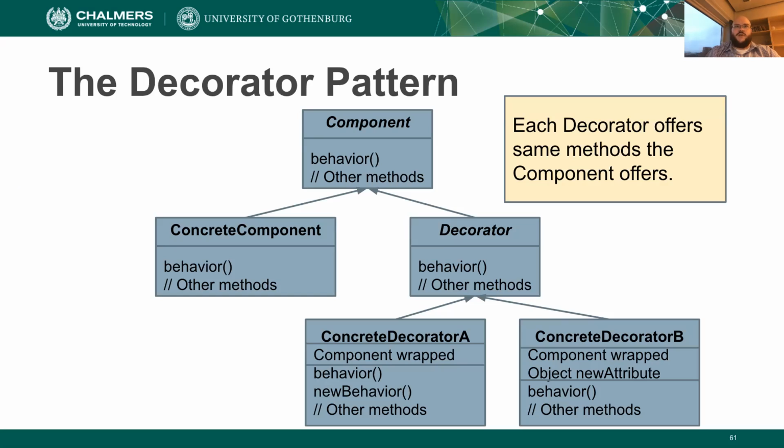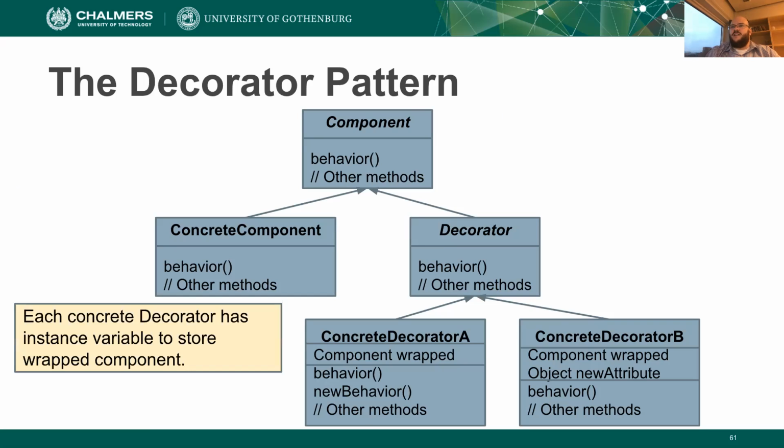Since it inherits from a component, all decorators offer the methods that components do in addition to anything they add. Decorators contain an instance variable to store the object being decorated. And that's how we keep track of what's being wrapped. And we can infinitely keep wrapping, just maintaining a pointer to the next layer down until we reach the center.